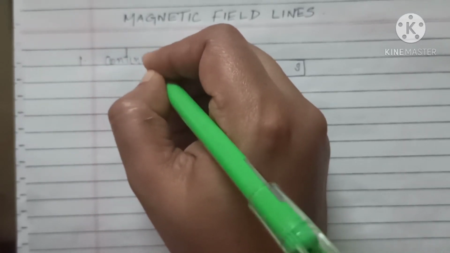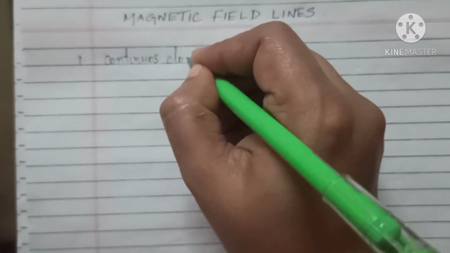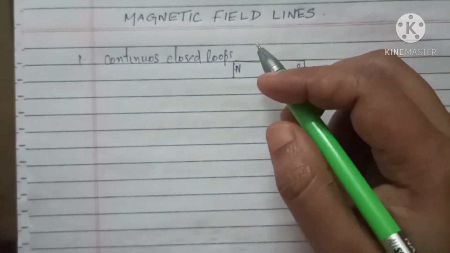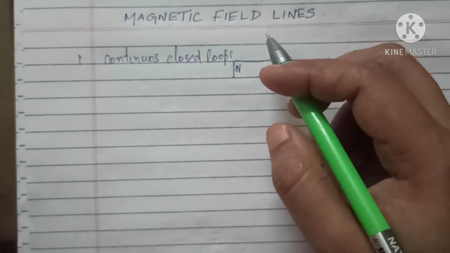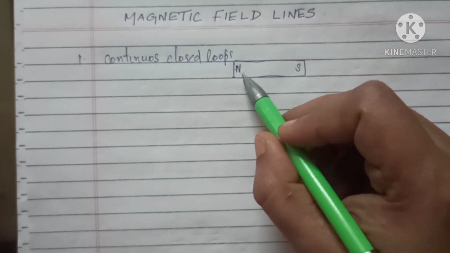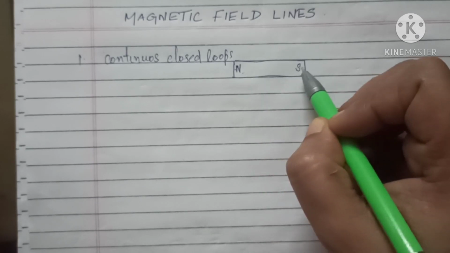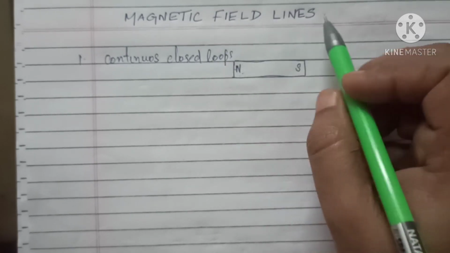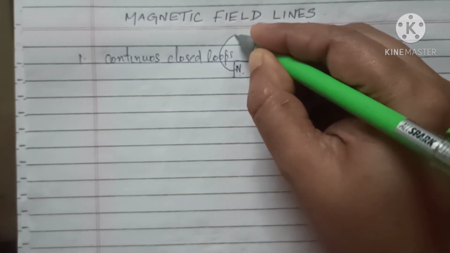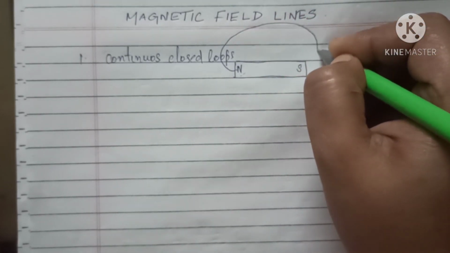Okay, magnetic field lines are continuous closed loops. So in the case of electric field lines, you know, they are not closed. Okay, do you remember that? Yes, but here inside the magnet also they are moving so that it is forming continuous and closed loops. So when you draw, you will get like this.